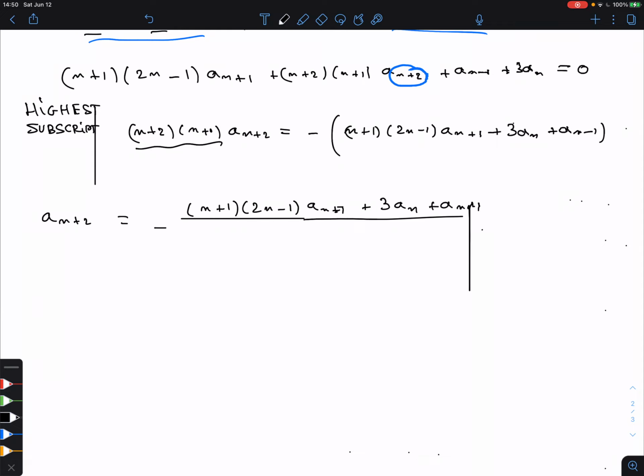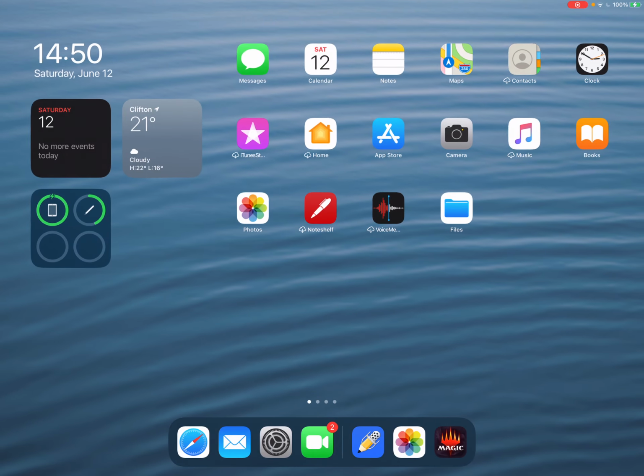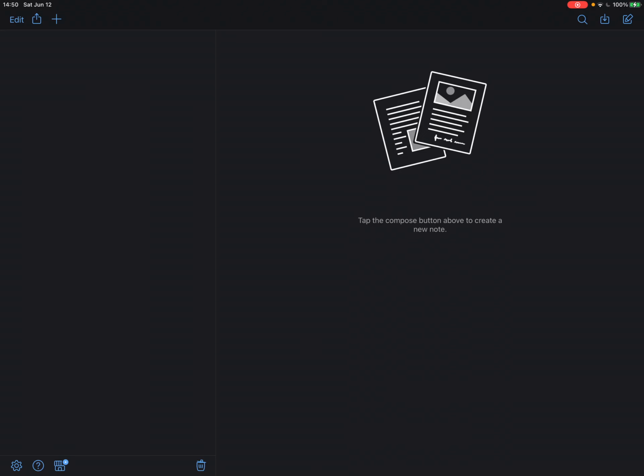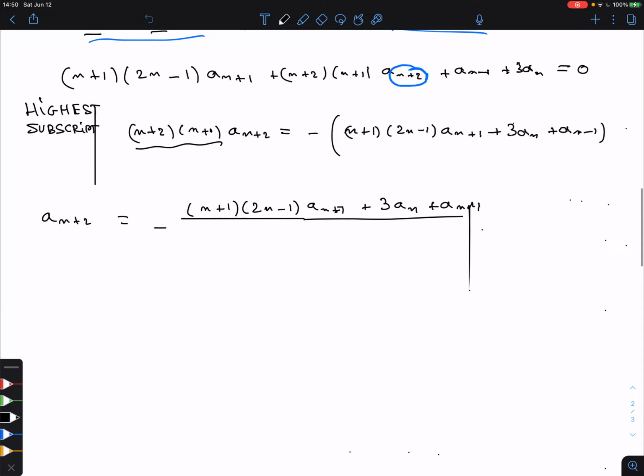Okay, I'm going to restart this app. So sorry, this is going to take a little bit. I have to close the app and open it up again. I hope that this time is better, but I'm kind of doubting it. An minus 1, and that divided by n plus 2 over n plus 1.